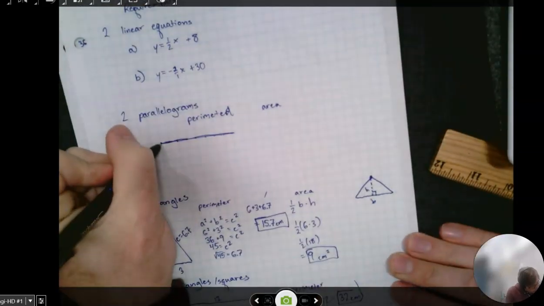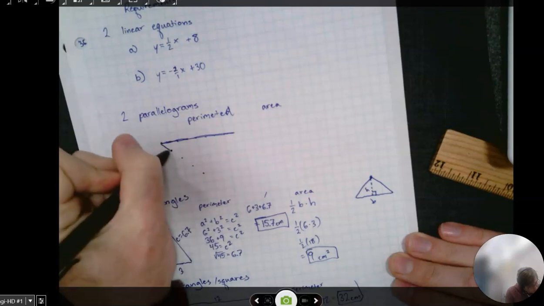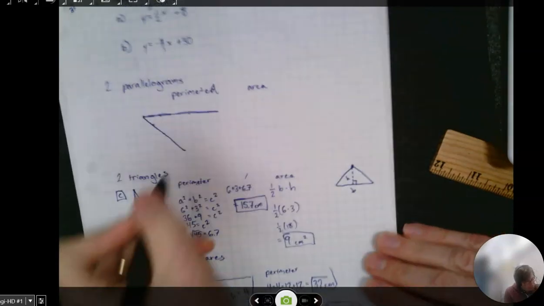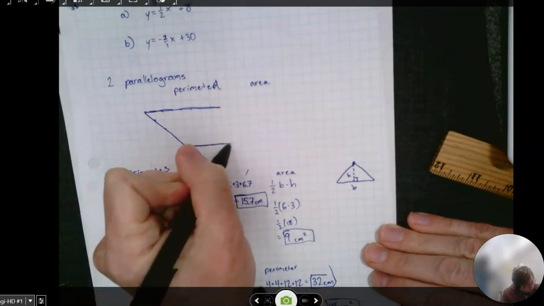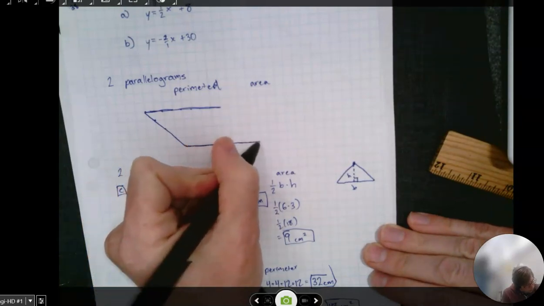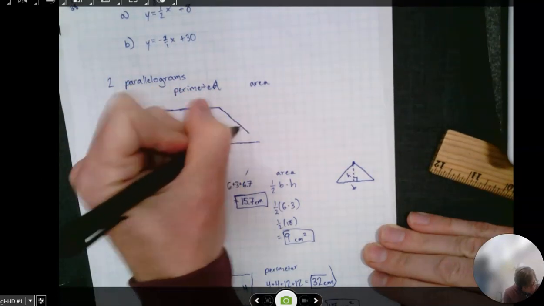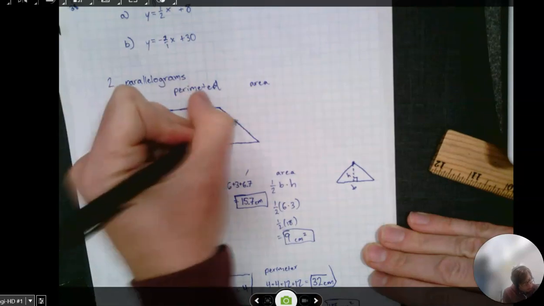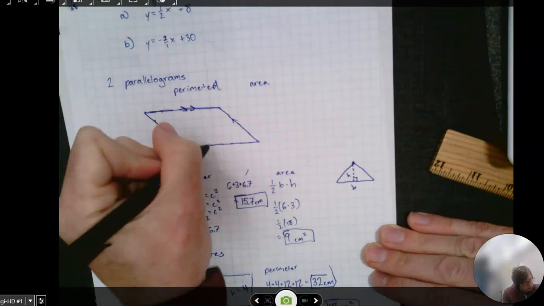Okay. 1, 2, 3, 4. And then 8 across, and those 4 diagonals. So why is this a parallelogram? Well, because this side is parallel with this side, and this side is parallel with this side.